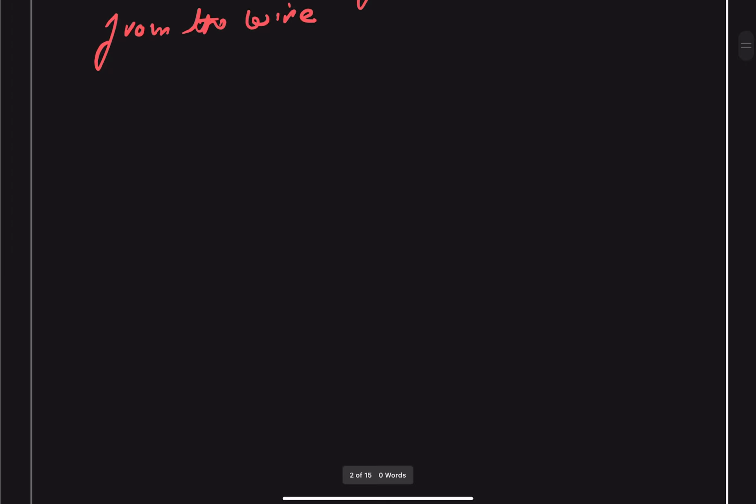So we can write it as magnetic field B, which is dependent upon x, will be equal to mu naught I naught divided by 2 pi x.